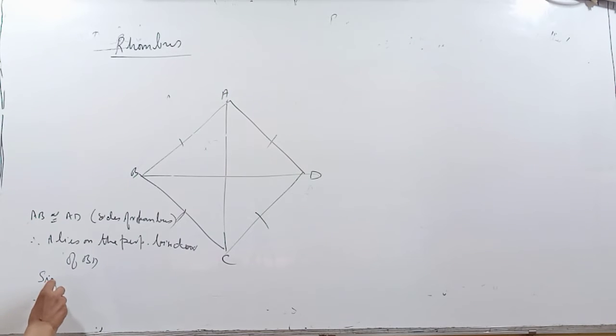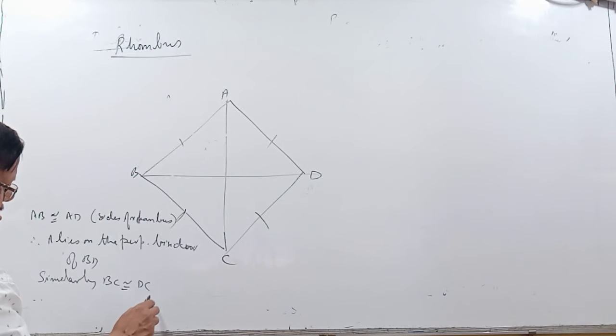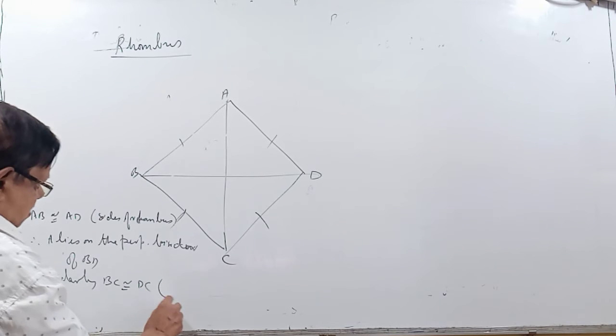Similarly, BC is congruent to DC, sides of the rhombus.